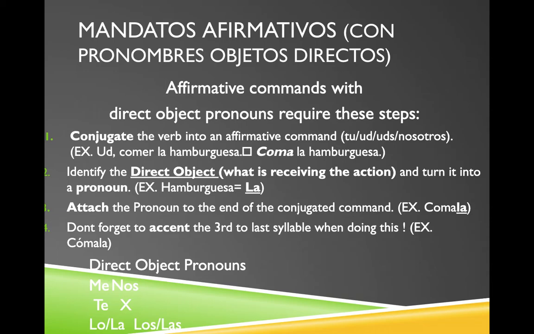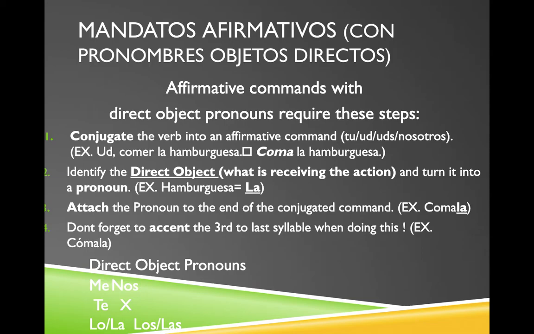It receives the action. If we start speaking in more complex sentences and we add multiple object pronouns, like pass the plate to me. If I said pass the plate to me, pass is your action. What is it that you're passing? What's receiving the action?